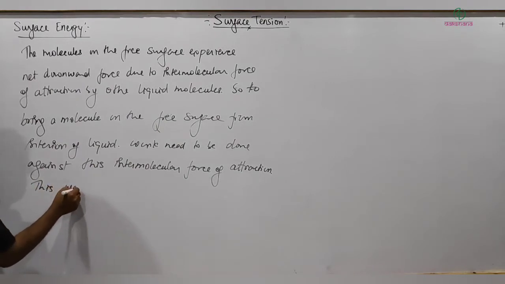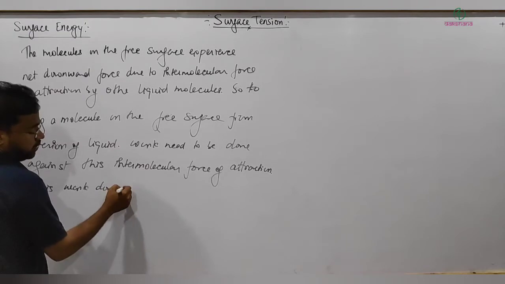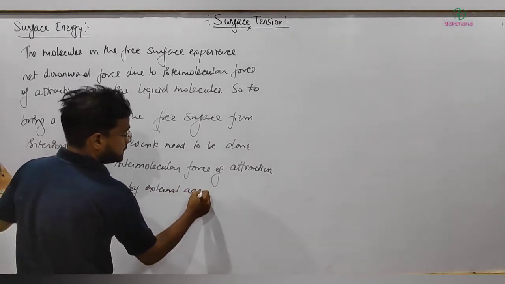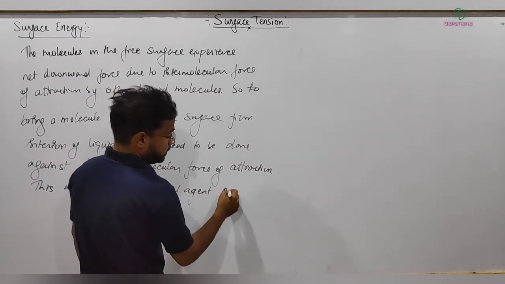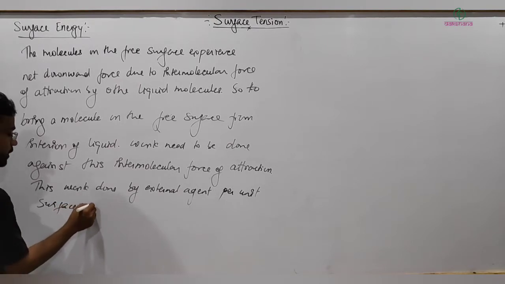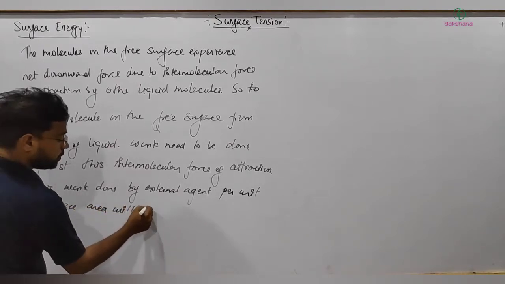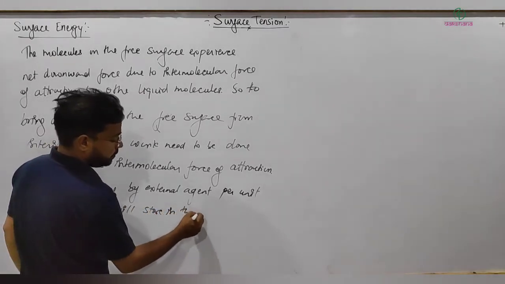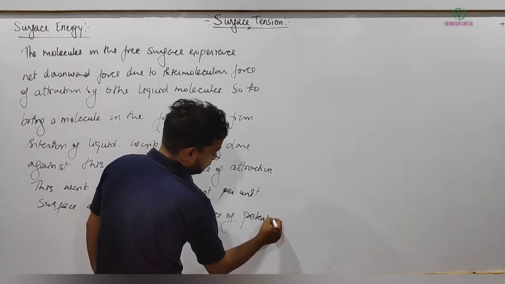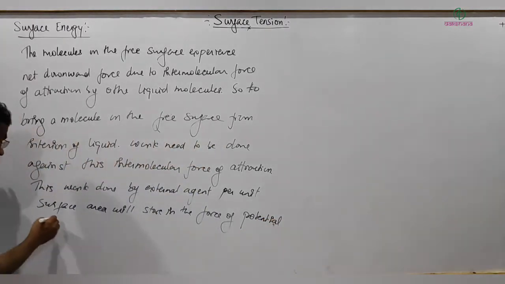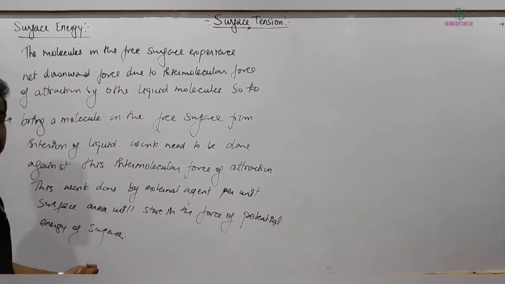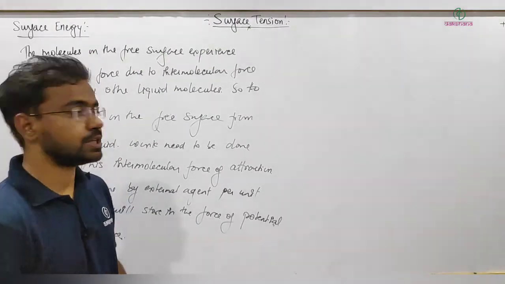This work done by the external agent per unit surface area will be stored in the form of potential energy of the surface, and this potential energy per unit area is called surface tension.